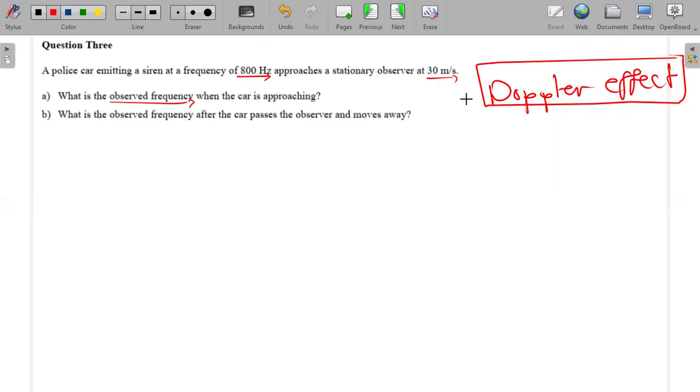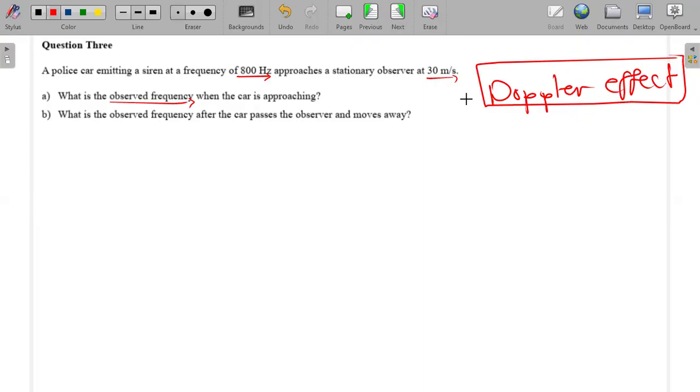That phenomenon, we call the Doppler effect, because there is a change in frequency, and this change in frequency is caused by the motion of the source and also the observer.